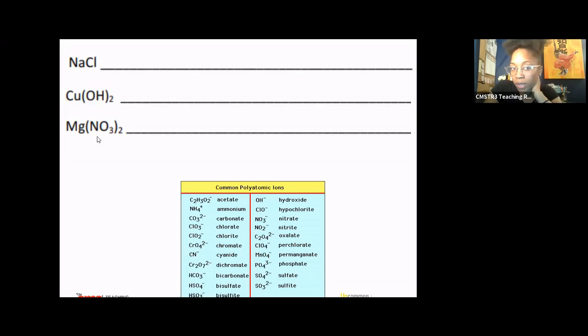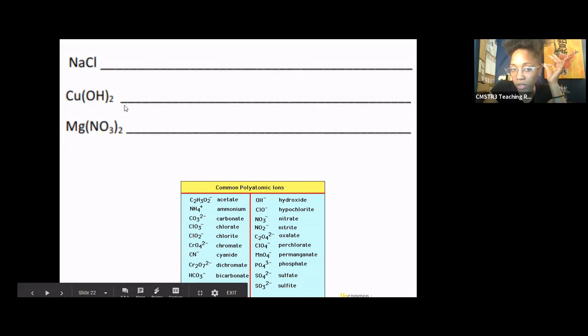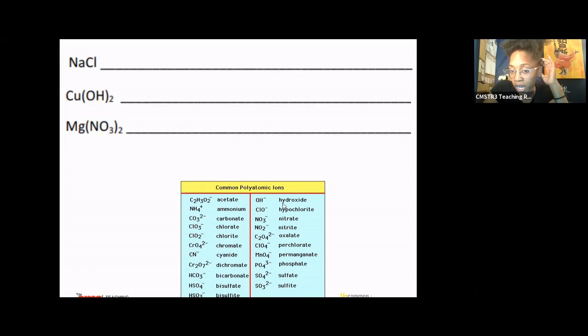The last 2 up here, if you see something in parentheses, that means it's probably also polyatomic. So they'll have to give you a chart similar to this one. And all you have to do is write down the name. So OH, if you look at the top of our chart, is hydroxide. If you have copper and hydroxide, this 2 came from the copper. So this is copper 2 hydroxide. The only reason I had to say copper 2 is copper is a transition metal.